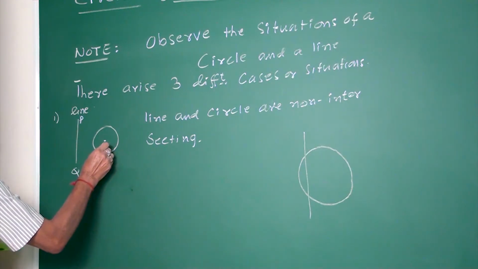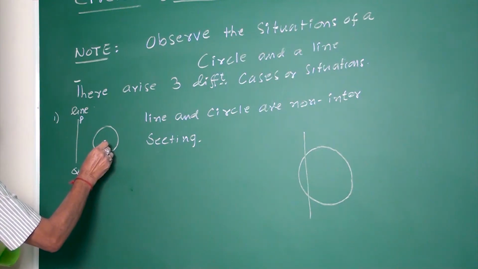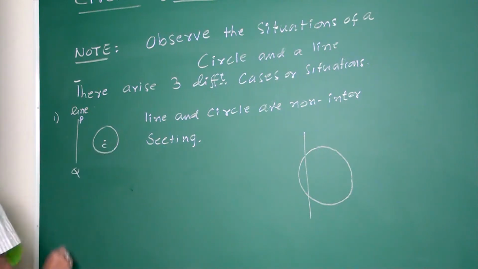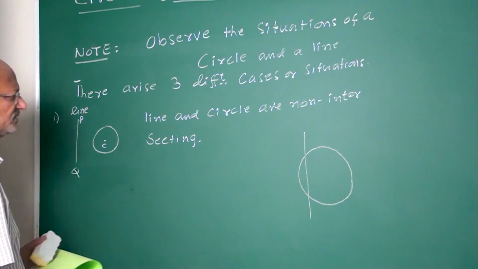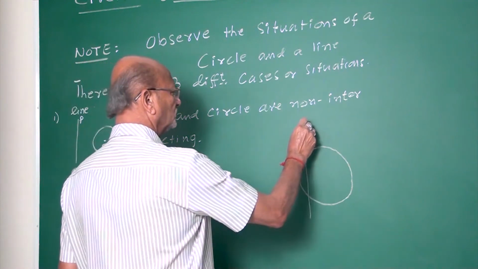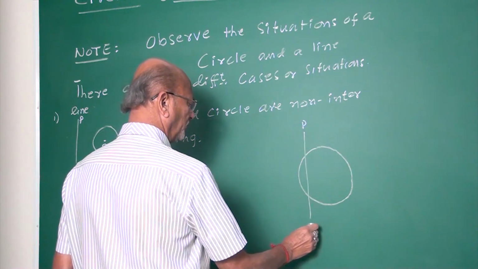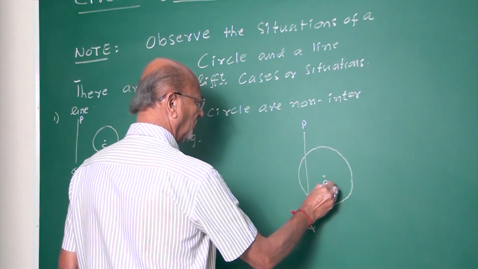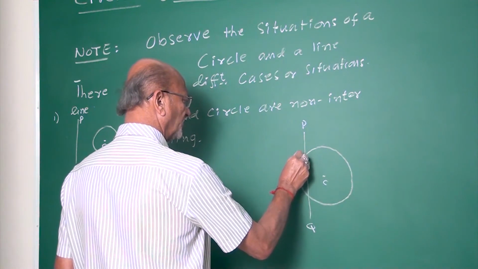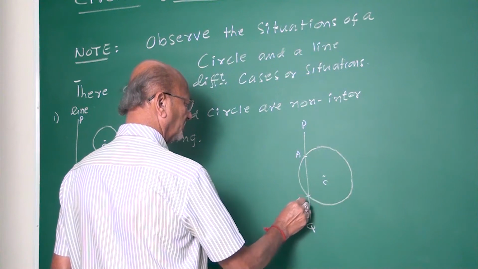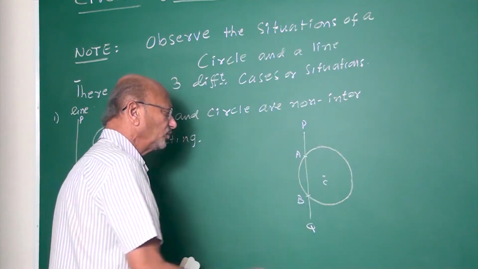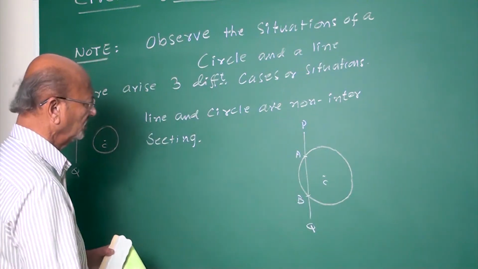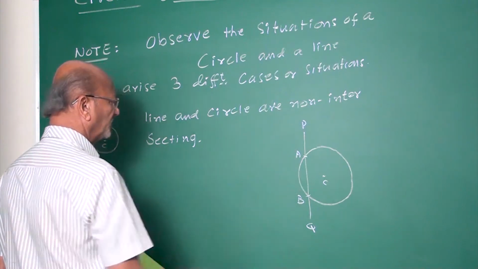This is the circle with center C or O, anything is right. This line intersects at 2 points A and B. In this case, PQ is the secant of the circle and AB is the chord.